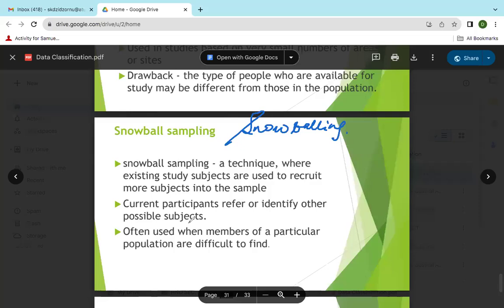So this is normally used when members of a particular population are rare or difficult to find. I'll give you an example: individuals living with some illnesses, for example, people living with HIV/AIDS. If you're performing a study on people living with HIV/AIDS, you don't expect that you just announce that you need 500 people living with HIV/AIDS and somebody just shows up, hooray, we've come for the study, interview us.